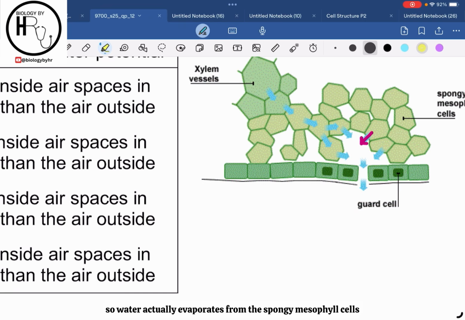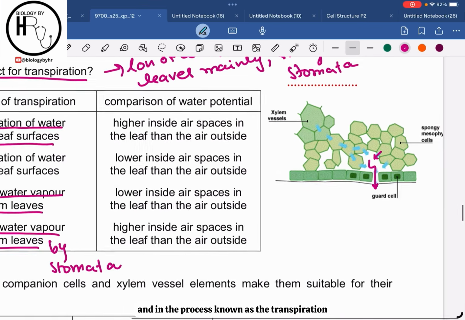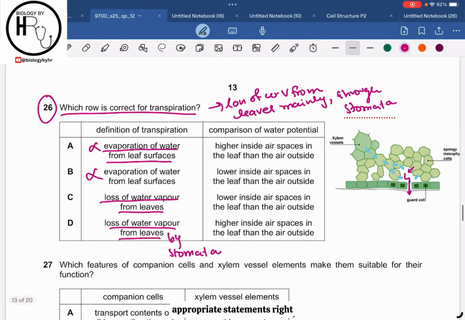So water evaporates from the spongy mesophyll cells, and then it comes to these air spaces between the spongy mesophyll cells, and then it diffuses out of the plant by the help of the stomata, in the process known as transpiration. So statements A and B are not considered appropriate statements.